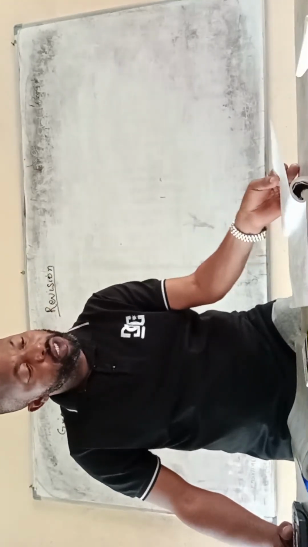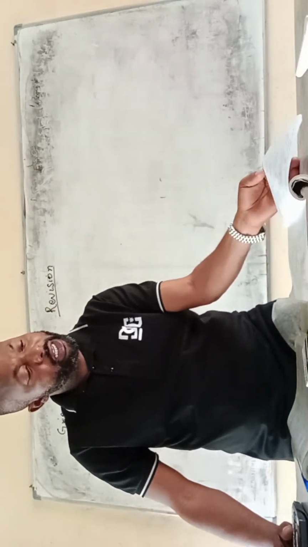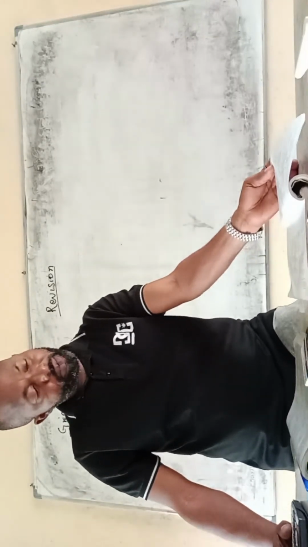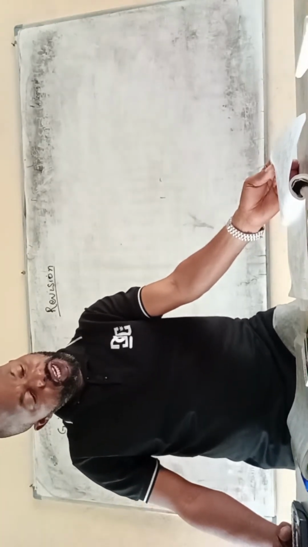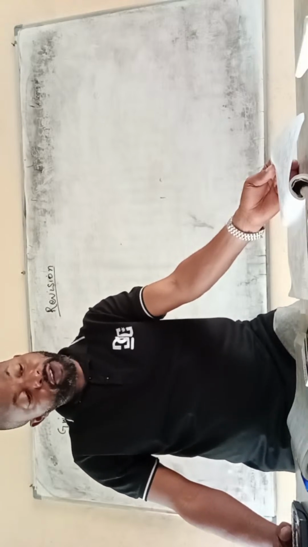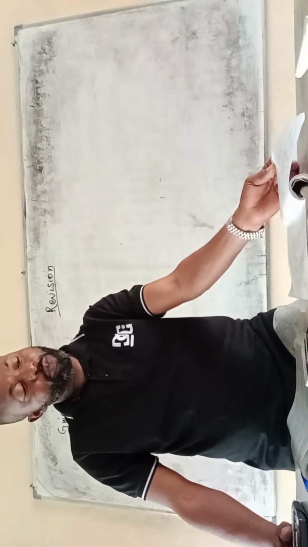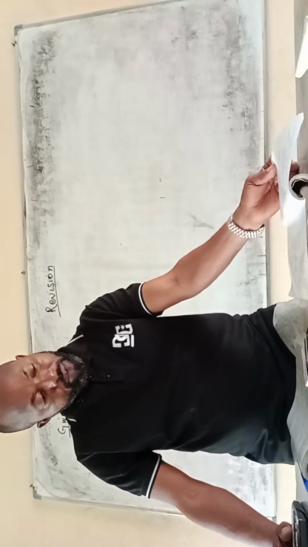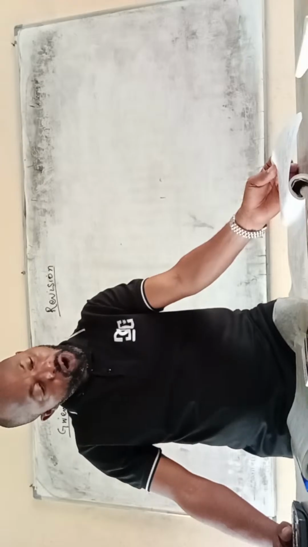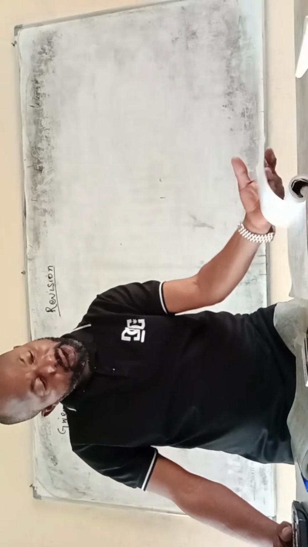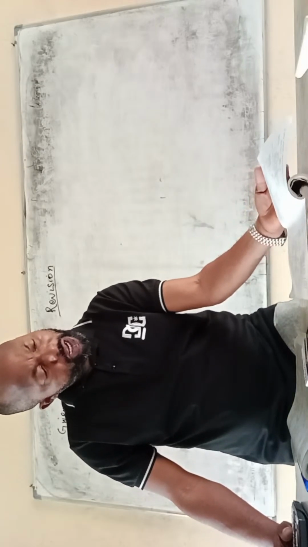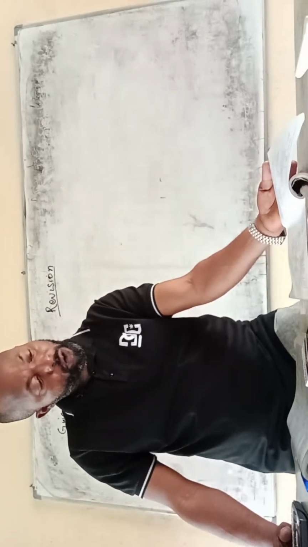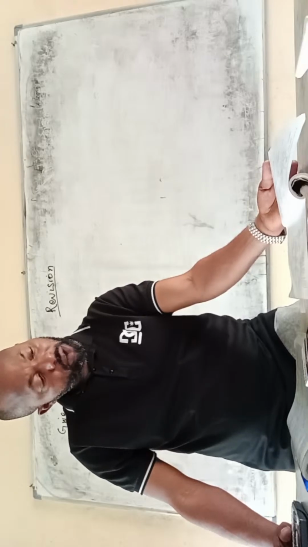A is a solution of hydrochloric acid containing 5.00 g/dm³. B is a solution of impure potassium hydroxide containing 6.50 g/dm³. Now, we are to put A into the burette and titrate it against 25 cm³ of B using methyl orange.